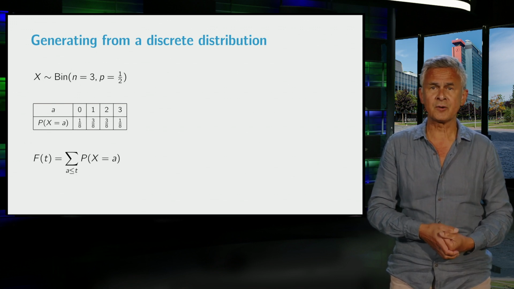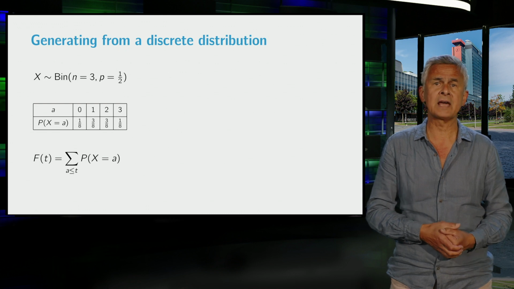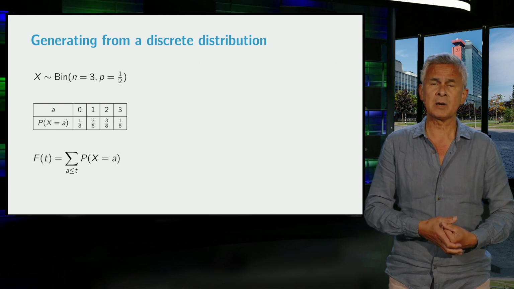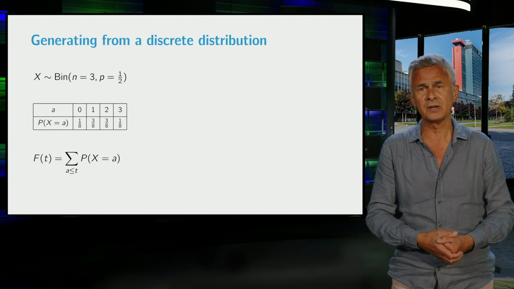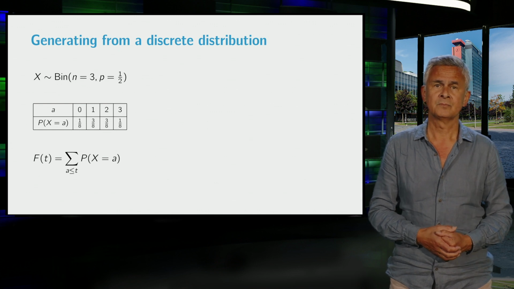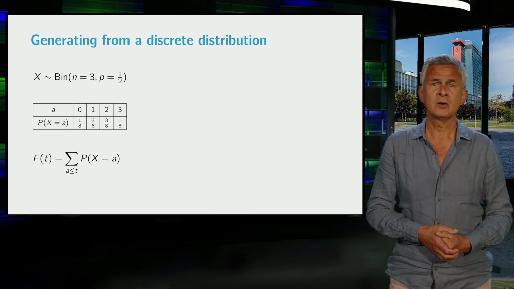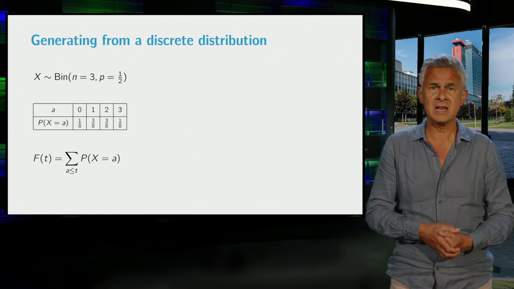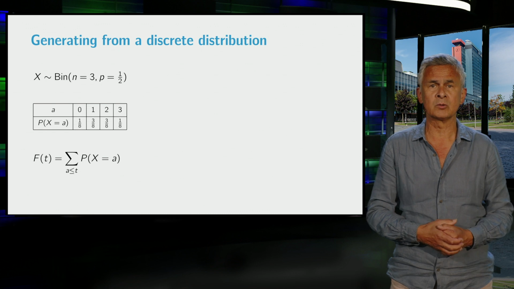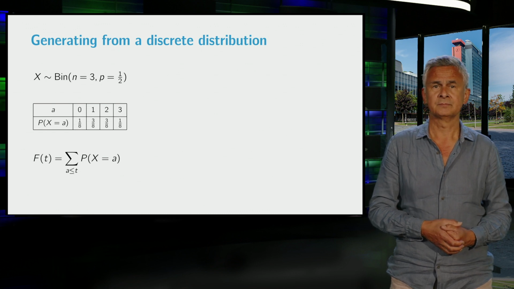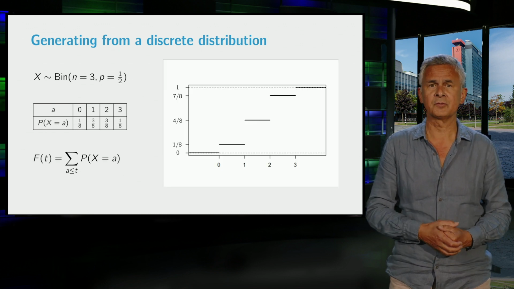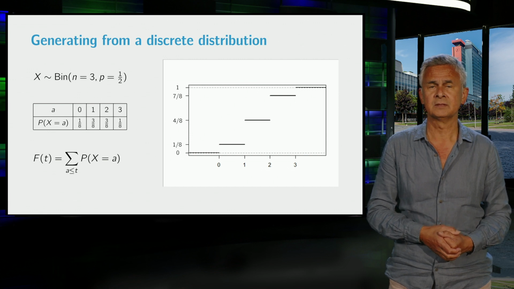The distribution function F of X at a point t is the probability that X is less than or equal to t. So, F of t is equal to the summation of the probabilities of values a that are less than or equal to t.